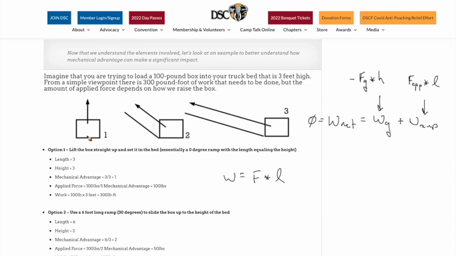Here, this is the shortest possible distance and requires the greatest amount of force. As the angle gets shallower and the ramp longer, you need less and less force to move the box up. And this is exactly what is calculated here.